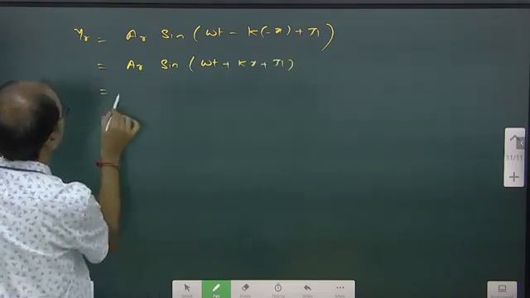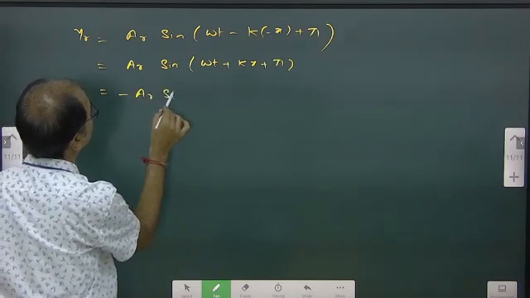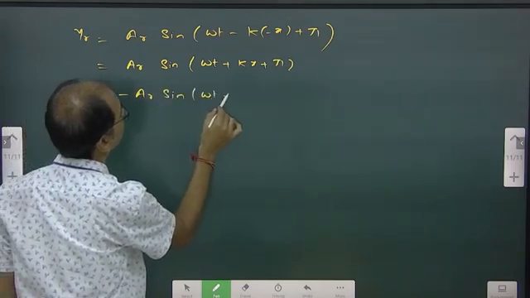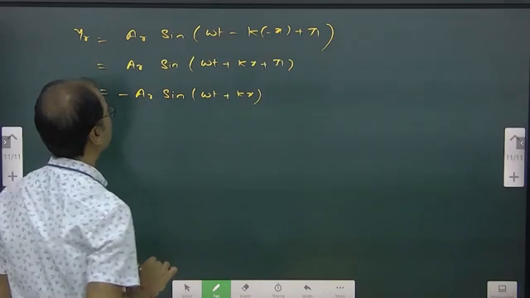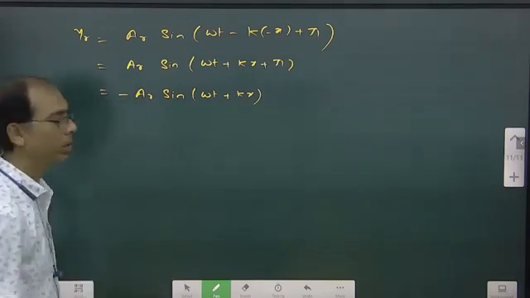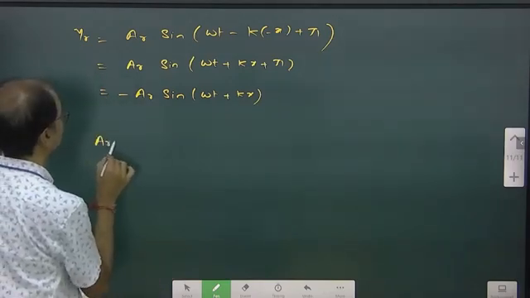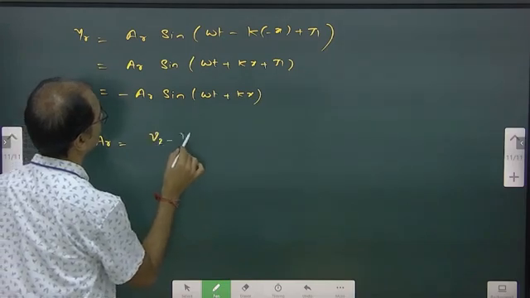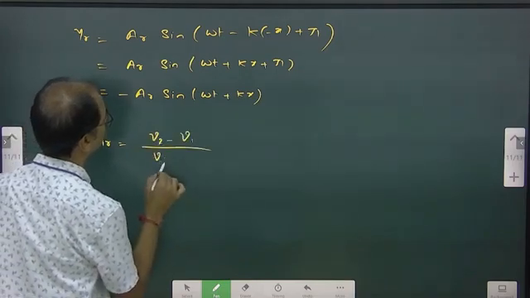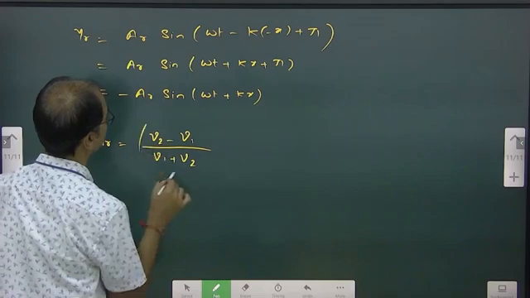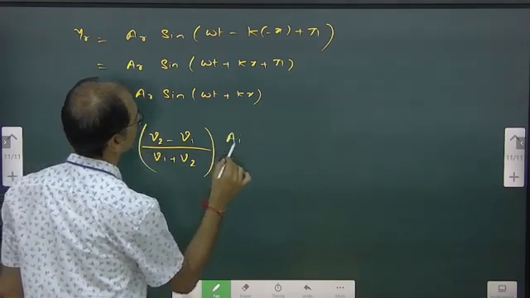So it will come as minus AR sine omega t plus kx. Now the question is, what is AR? The AR formula is (V2 minus V1) by (V1 plus V2) into AI.